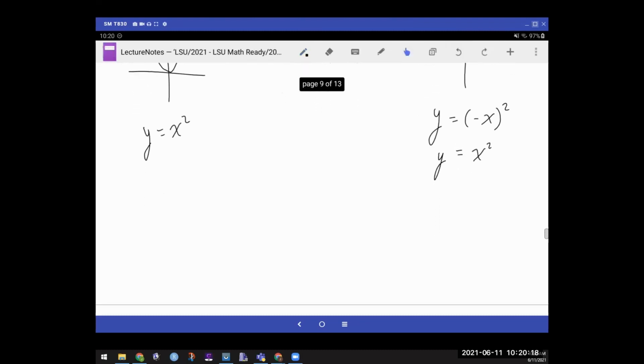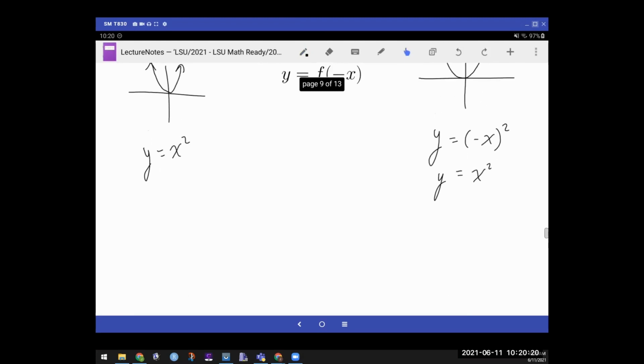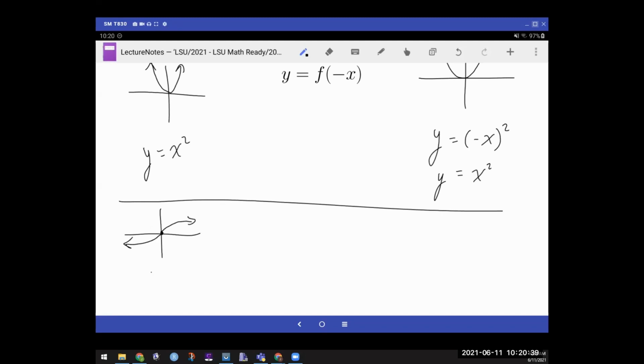But we can do something that's not as bad. Let's say y equals the cube root of x.